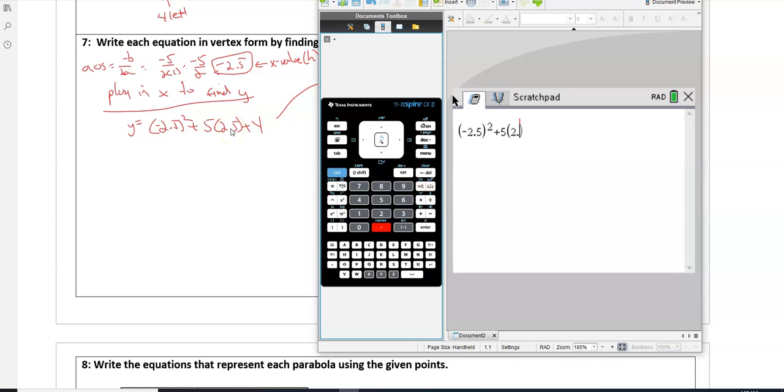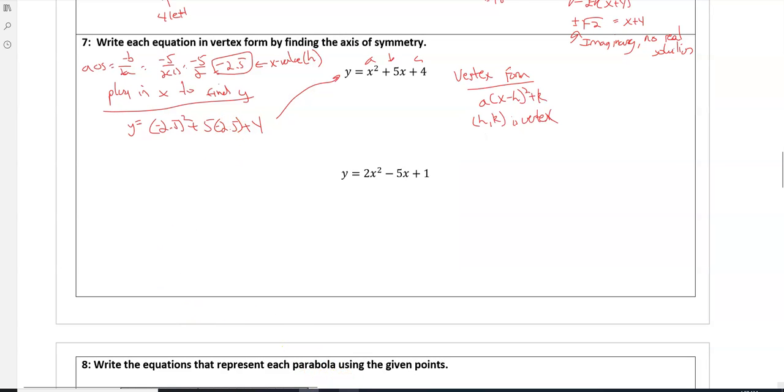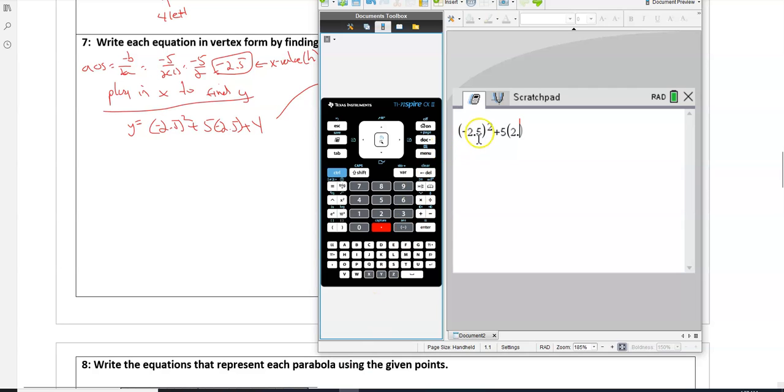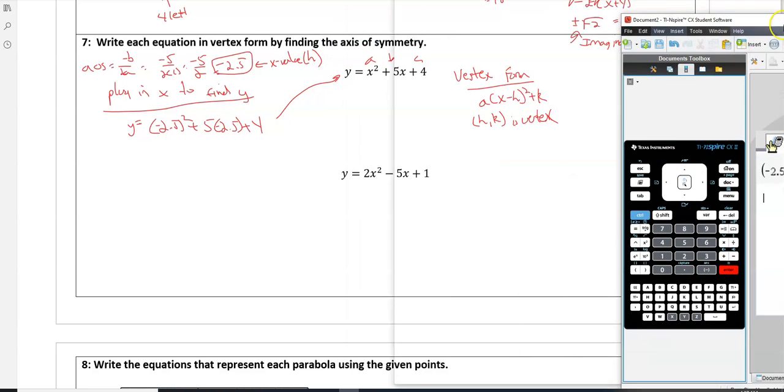That should be negative on there. Negative 2.5. Plus 4. And I get negative 2.25 is my answer for the y.